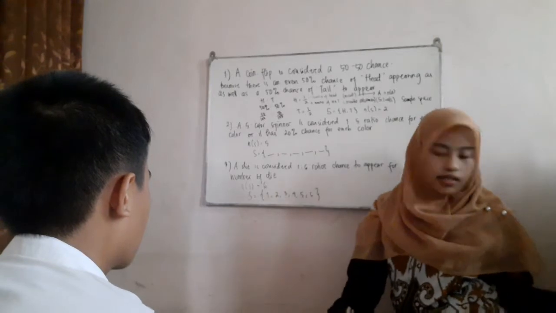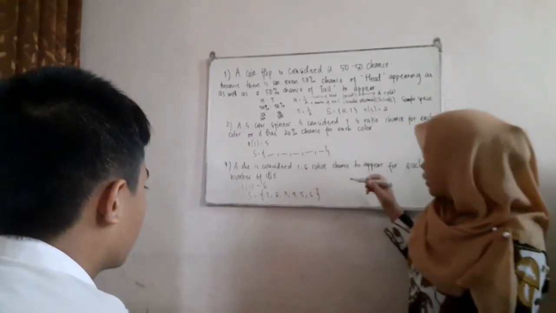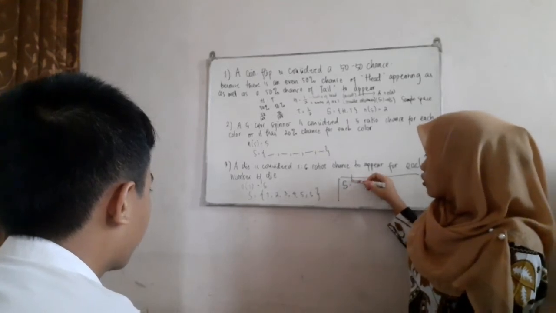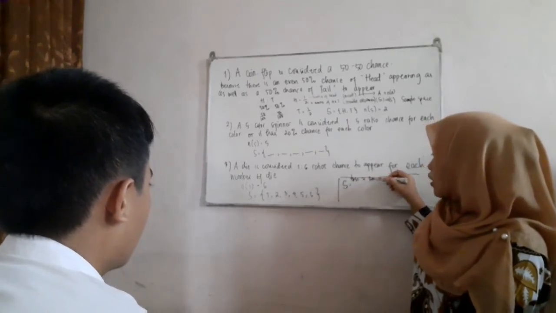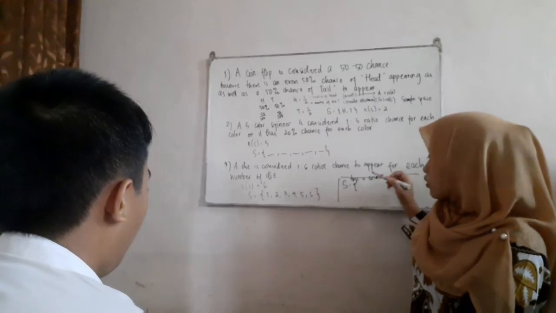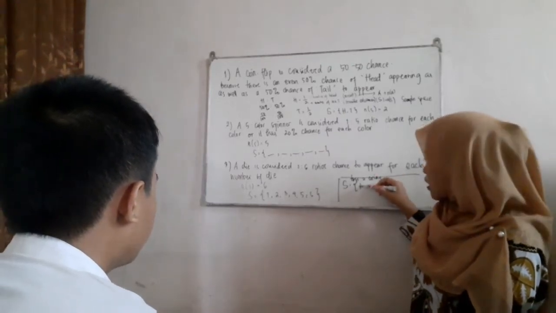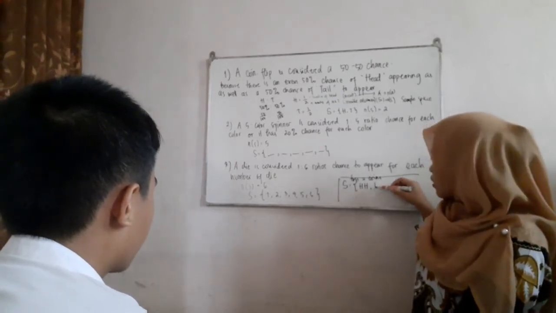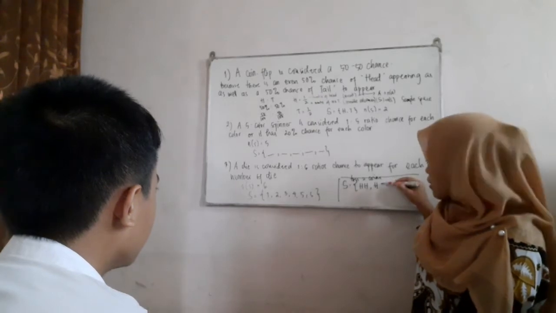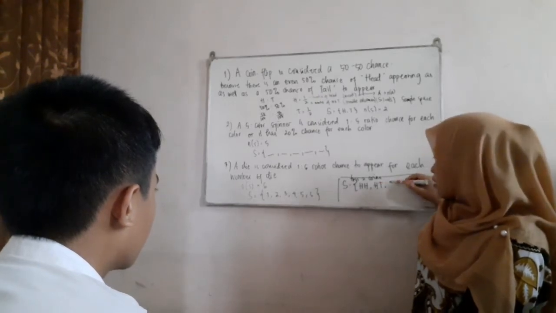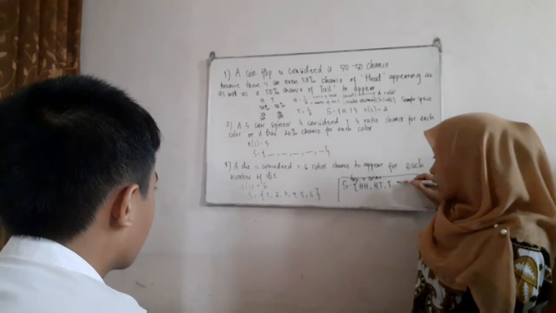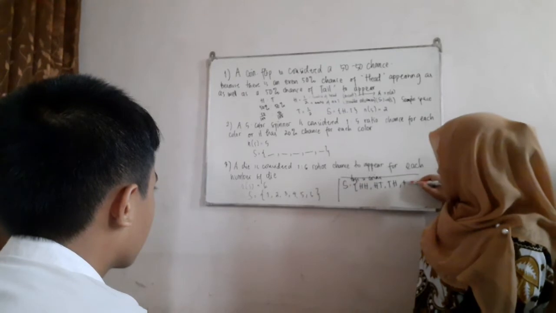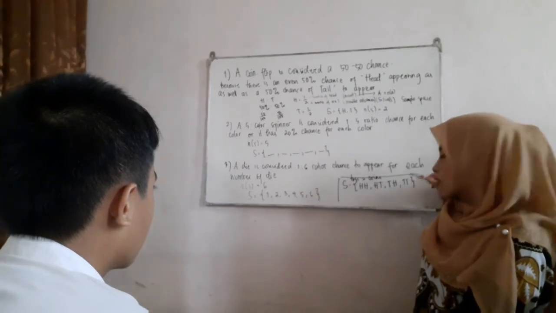So if I list the sample space when we toss 2 coins, it could be the first coin is head, the second coin is also head, or the first coin head and the second coin is tail. The first could be tail and the second is head, or both of them are tail.